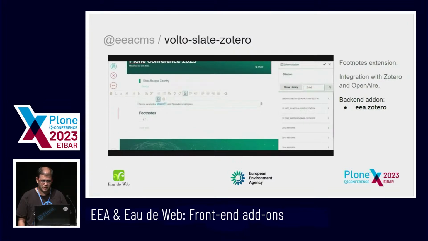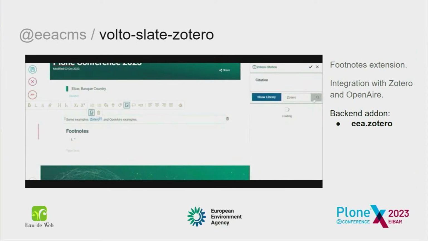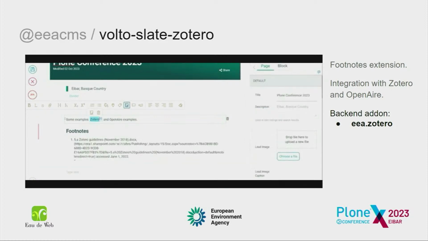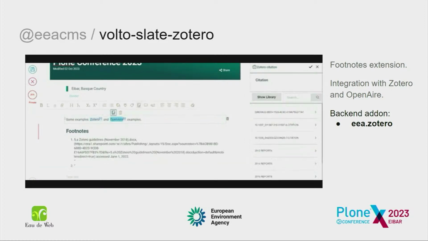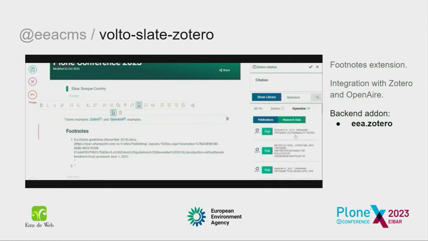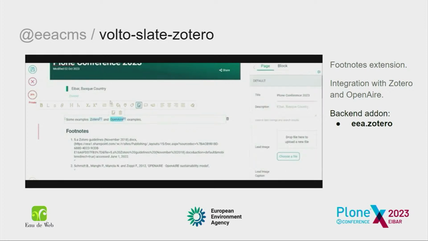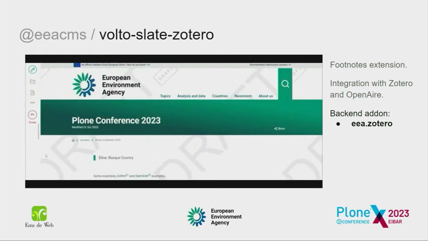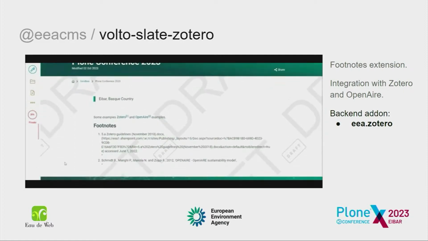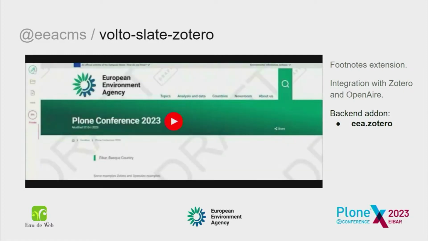And here is a search upon Zotero and OpenAIRE. The result will come from both databases. Pick one and reference it. And that's it. And this is a search for OpenAIRE. And the footnotes. Okay.